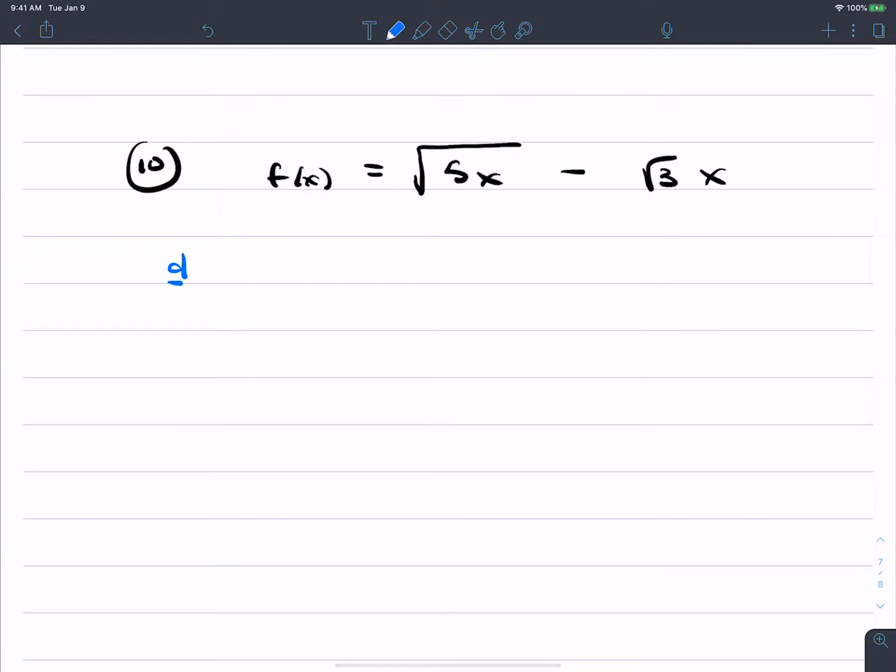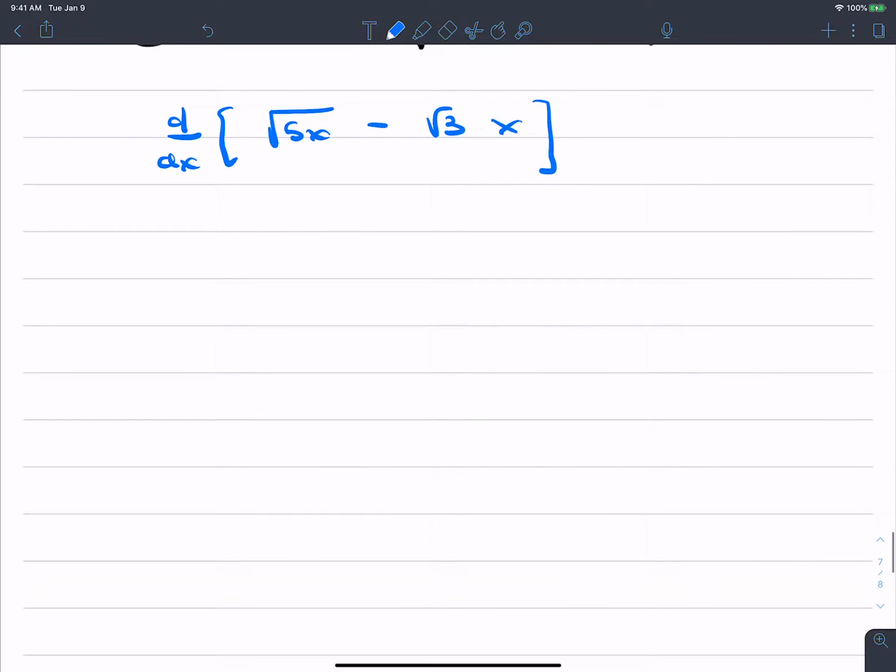Okay. So, operator notation. Square root of 5x minus square root of 3x. Derivative of a difference. Difference of derivatives.